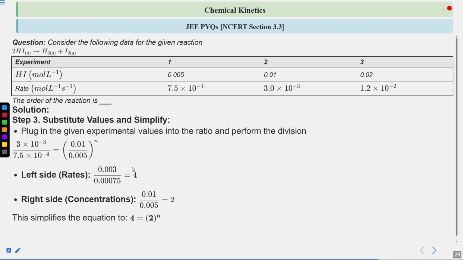Now 4 can be written as 2 to the power 2, because 2 times 2 is 4. So 2 to the power 2 equals 2 to the power n, and from there you can calculate n.